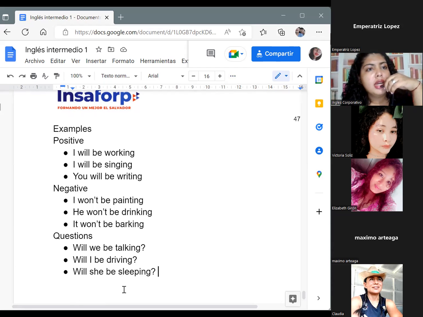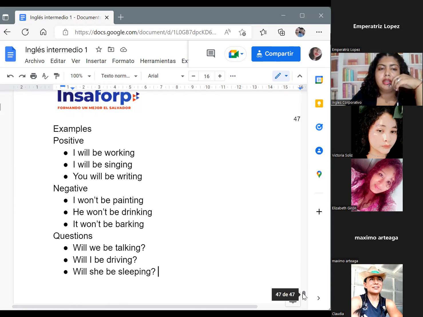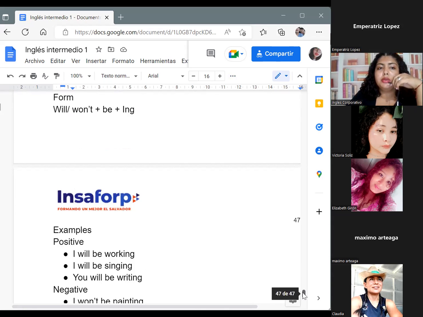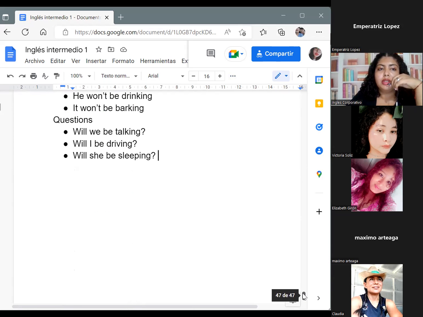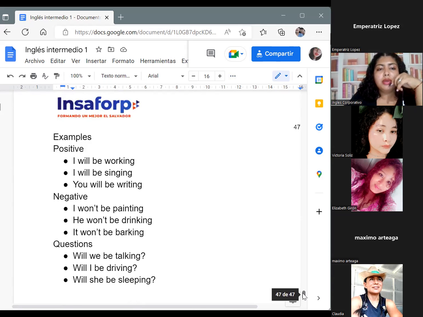So you can see how we can create sentences using the form will be plus ing. In positive, we have: I will be working, I will be singing, you will be writing.